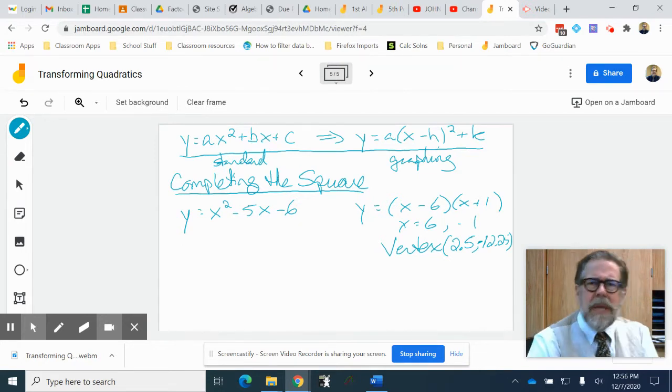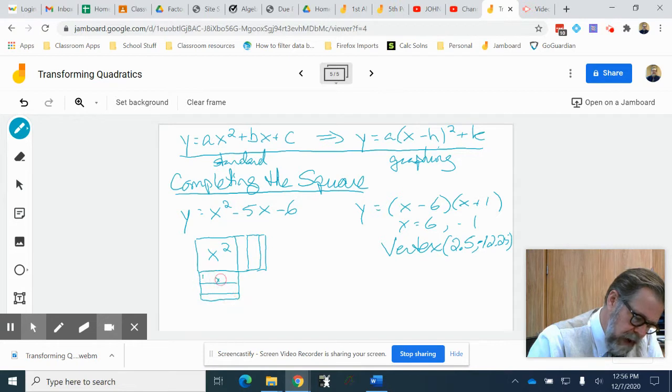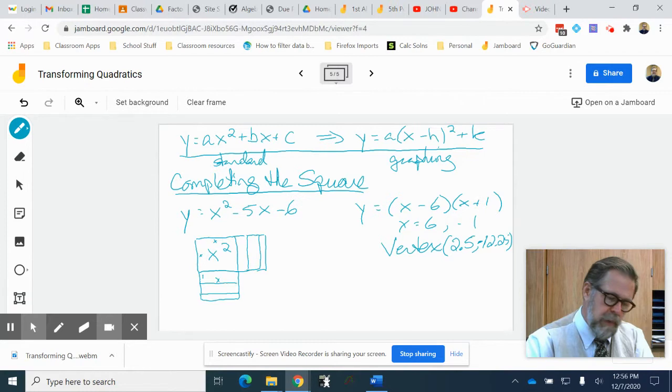What I want to look at is a geometric method. If I think of x squared as a square, and I take my negative 5x's and make boxes on either side, these boxes are of length 1 by x. This box obviously is of side length x by x.